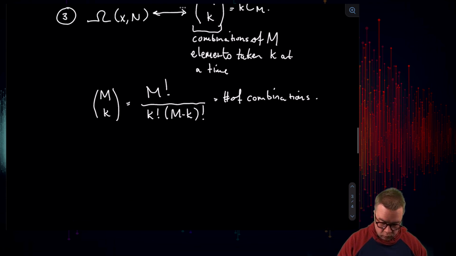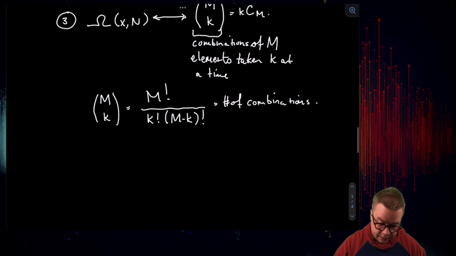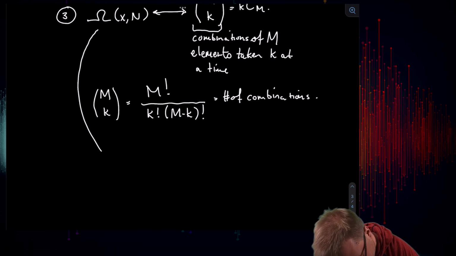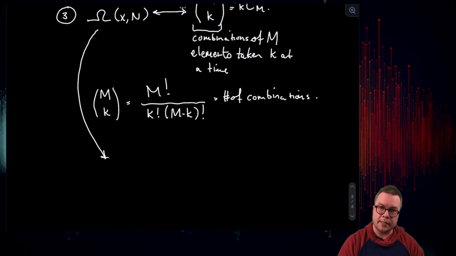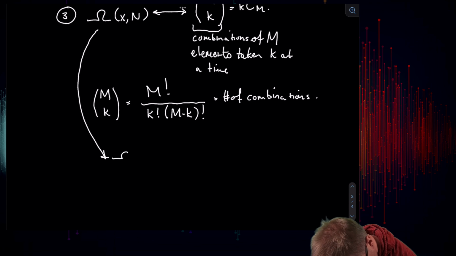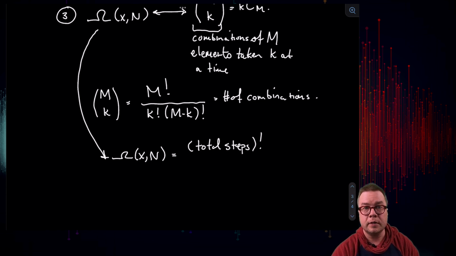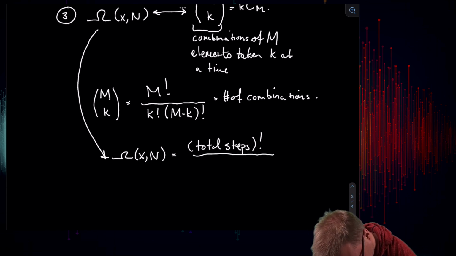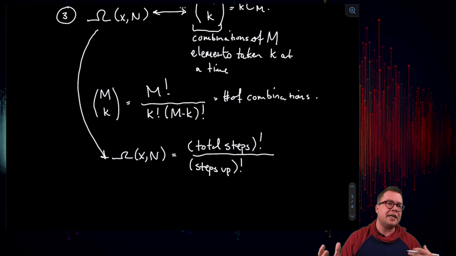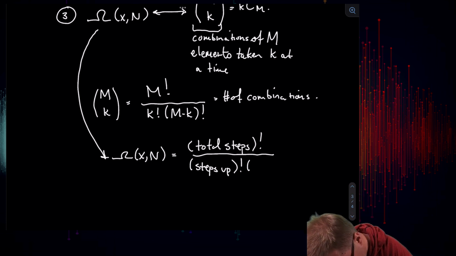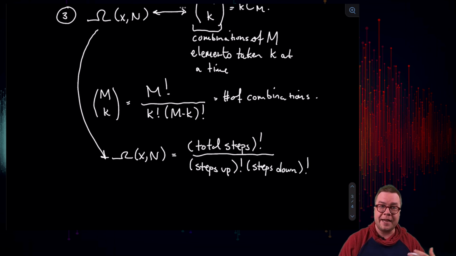All right, so what we can do is, if we want to make this connection using the same symbols that we've been using here, the number of microstates that exist for position x after n steps is going to be the total number of steps factorial divided by the number of steps up factorial, so that's the number of steps in the positive direction, and the number of steps down factorial, that is in the negative direction, okay?